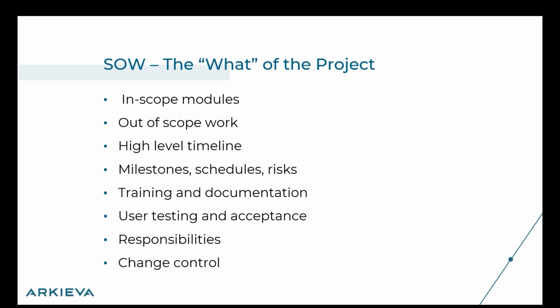The SOW should be thought of as the what of the project. So what are we going to do? That means in this document, we are listing what modules are in scope. Are we implementing demand? Are we implementing demand and inventory? Are we implementing supply and things of that nature?